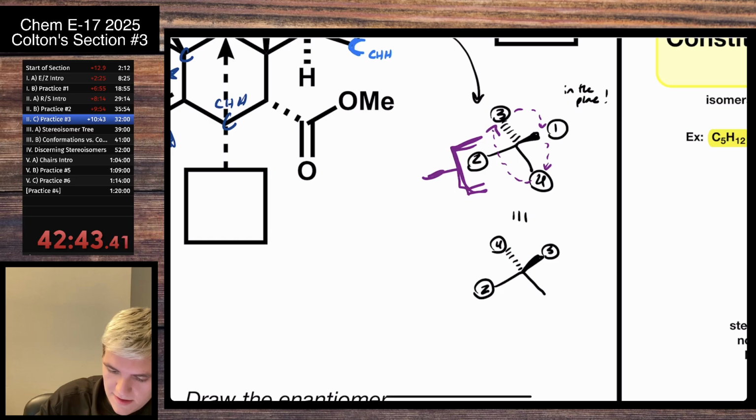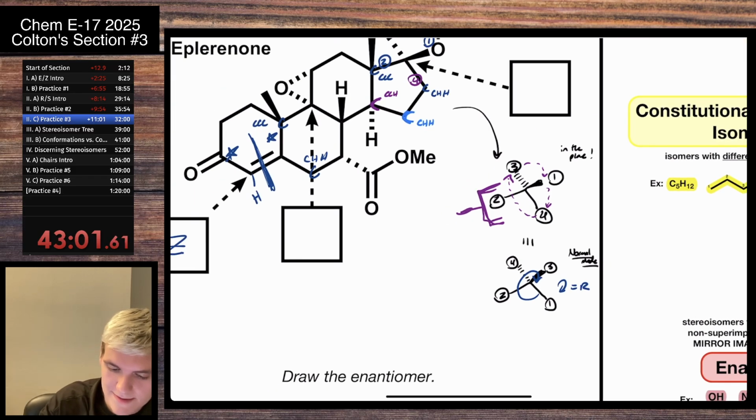And then 1 gets put in the plane. Now we are finally in normal mode. And so 4 is going away from us. We trace 1 to 2 to 3. 1 to 2 to 3 is clockwise, so we know that this is an R stereocenter.